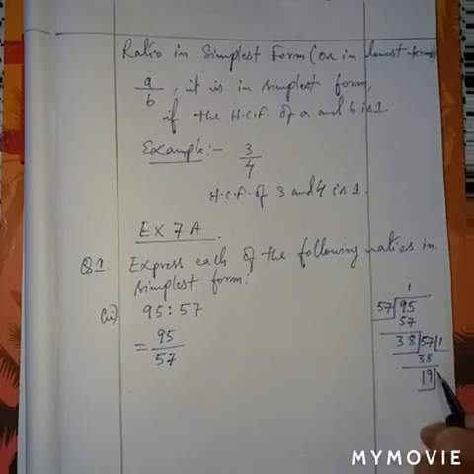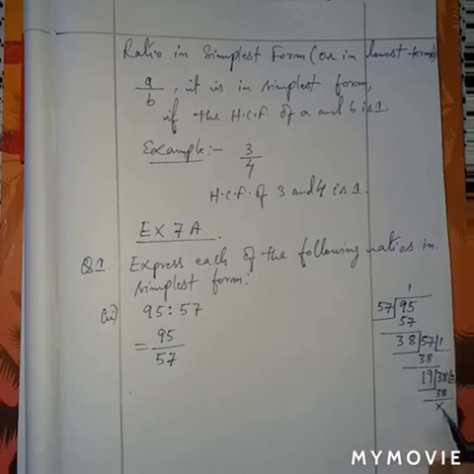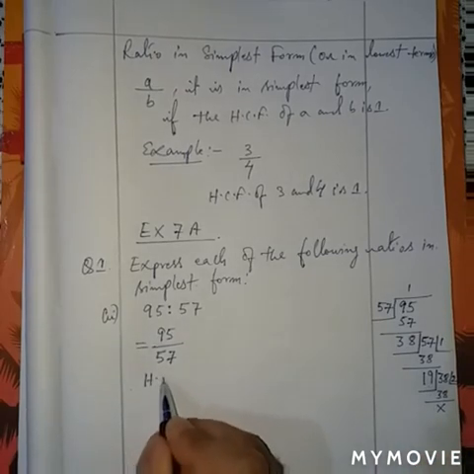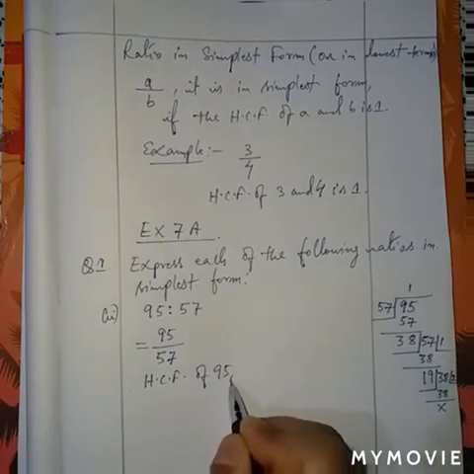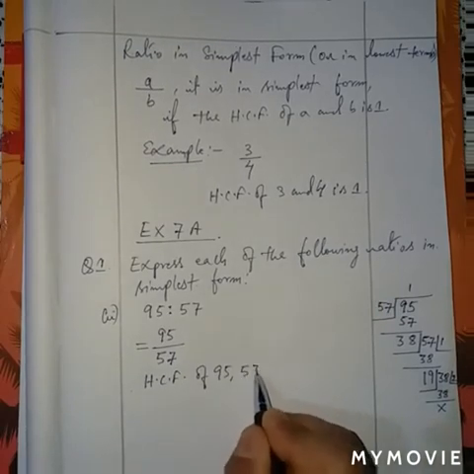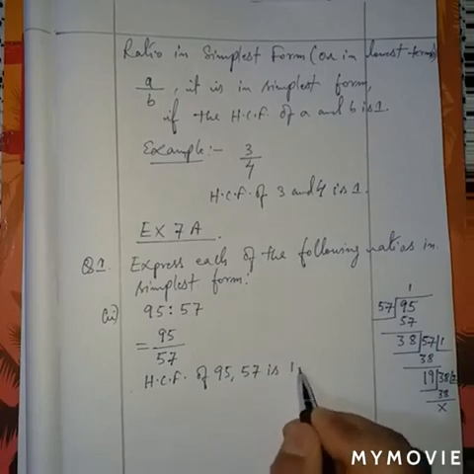This 38 will come here and we will divide it. 19 2 times is 38. So finally we got the HCF. HCF of 95 and 57 is how much? 19.